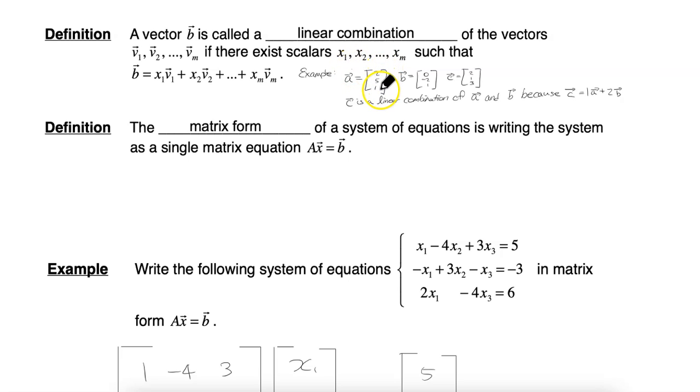If A is (2, 5, 1), B is (0, -2, 1), and C is (2, 1, 3), then we can say that C is a linear combination of A and B. To justify, we can show that C, (2, 1, 3), is actually 1 times vector A plus 2 times vector B. So since I can express C by using A and B, we say that it's a linear combination of these two vectors. We could have also said that A is a linear combination of B and C. You can just manipulate this to show that A is actually -2B plus C. And we can also say that B is a linear combination of A and C.